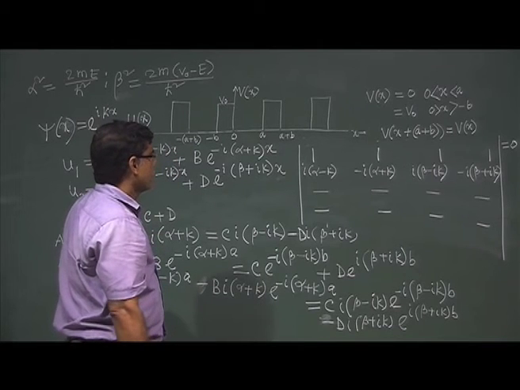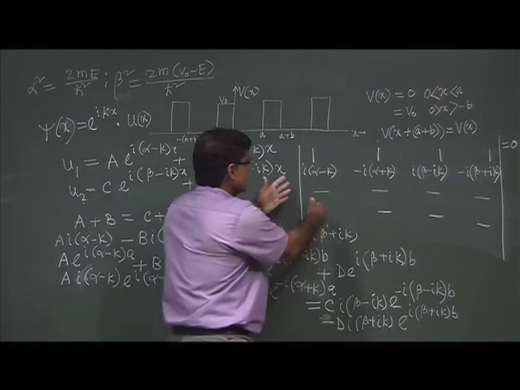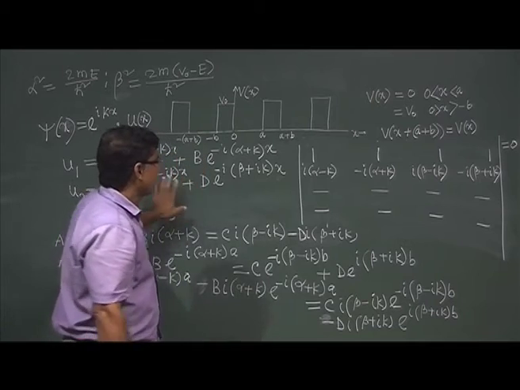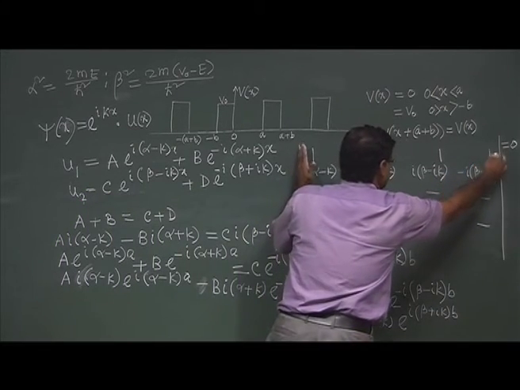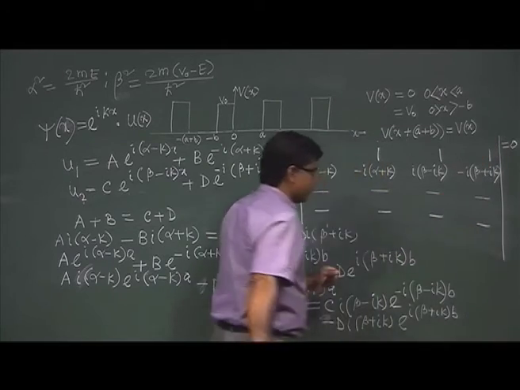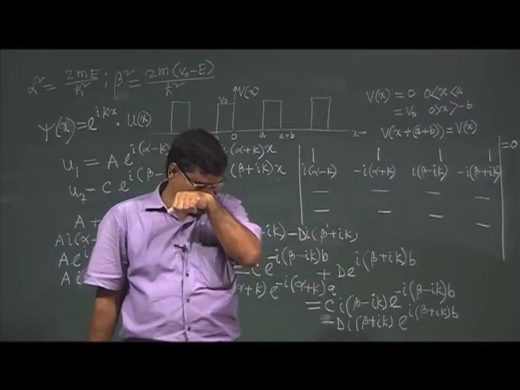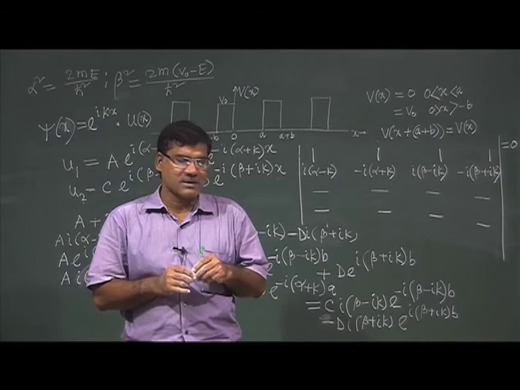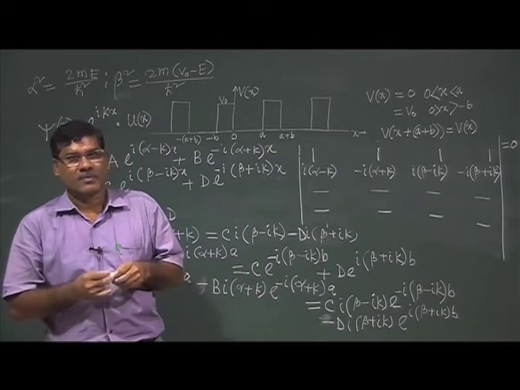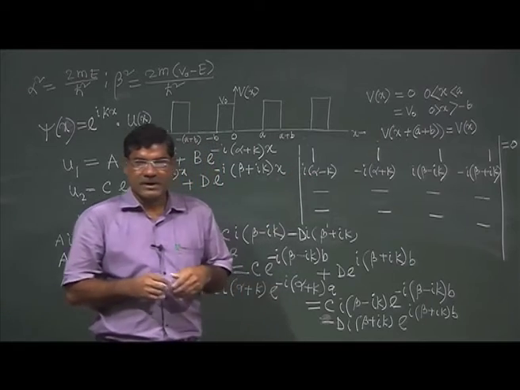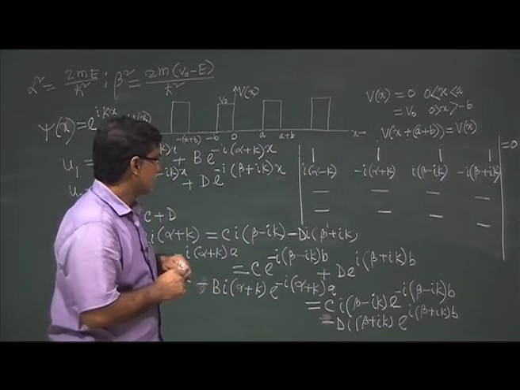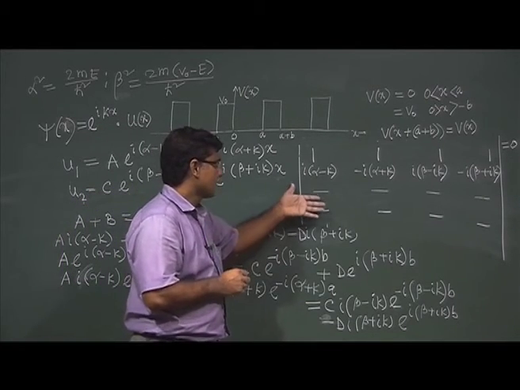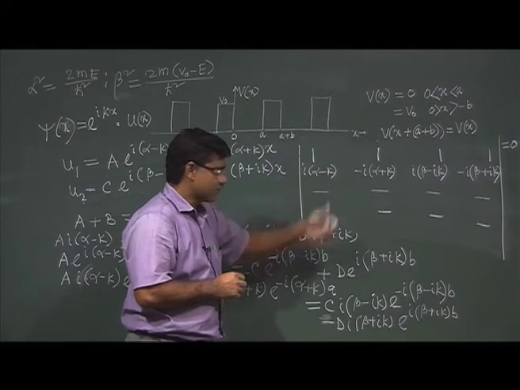So, the condition for solving these equations and getting a meaningful non-vanishing solution is that this determinant has to be 0. Now one has to calculate, it is time taking, but you should do this lengthy calculation yourself. I do not need to do it here, it is quite lengthy and one has to sit and do this calculation.